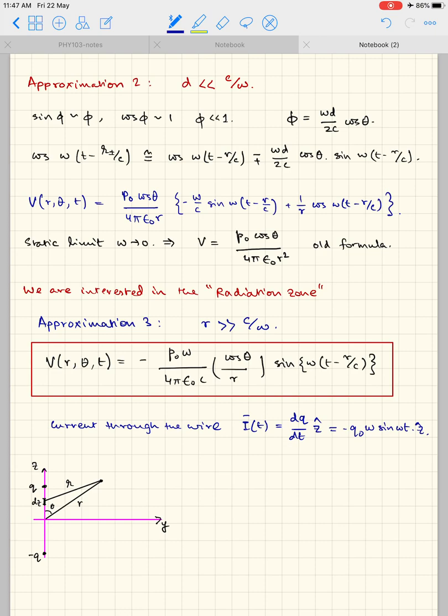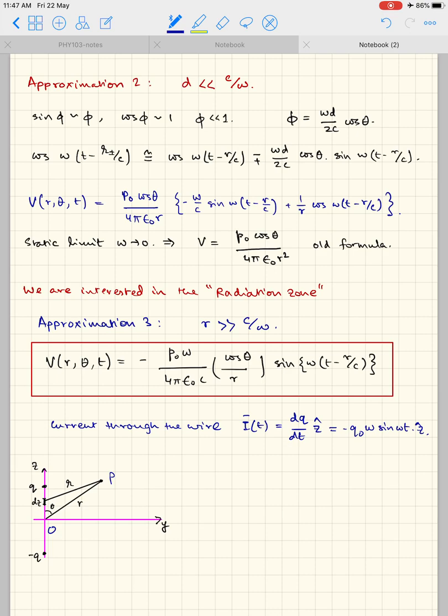Very good. Now look at this figure here. We are looking at the field at a point, let's call this point P, which is at a distance of r from the origin.